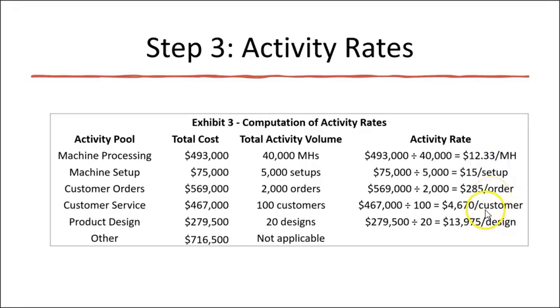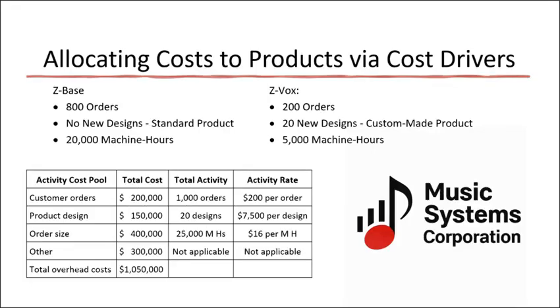Customer service, $4,670. And product designs, $13,975. And there you have it, how we come up with the little mini pool rates, if you will. We call them activity rates that we can use to apply to products and customers to examine things like profitability. We'll do that with another example next.